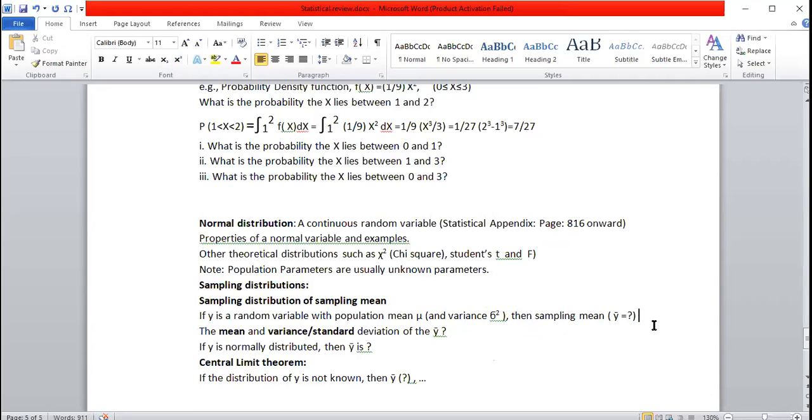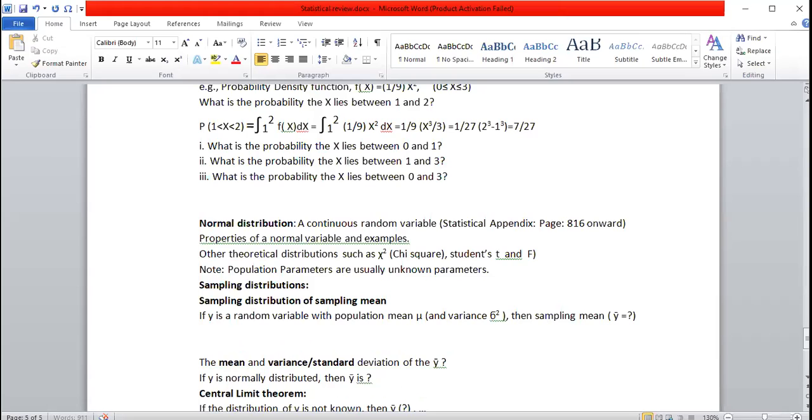Is it a variable? Have you done sampling distribution of the mean? If it's a constant, can it have a distribution? Can it have more than one value? No. So what is this?